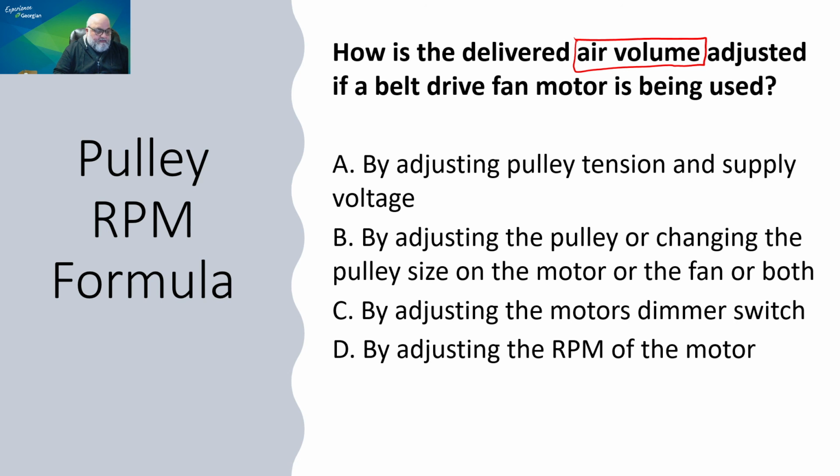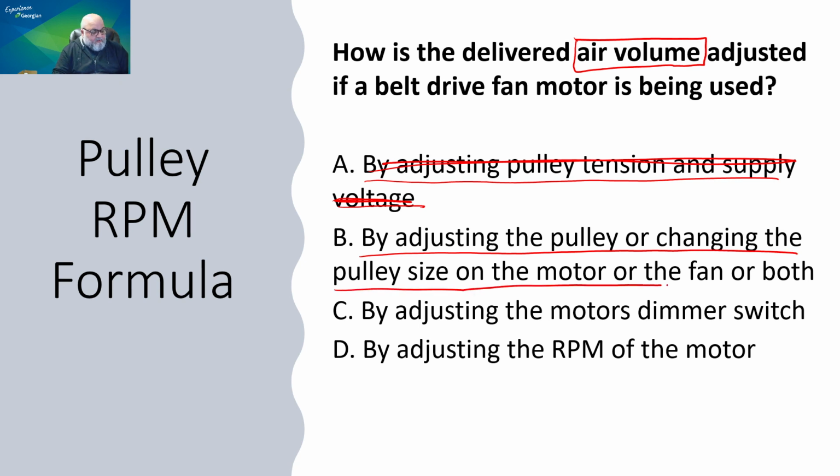And the answer would be not A, by adjusting pulley tension and supply voltage. Not really. Those are not contributors to the speed. By adjusting the pulley or changing the pulley size on the motor or on the fan or both, that makes sense because this is what makes this.